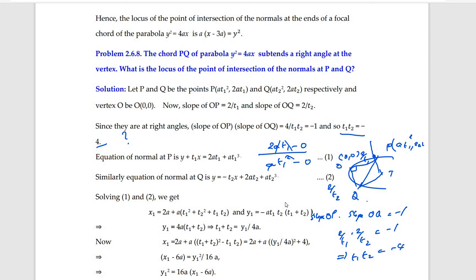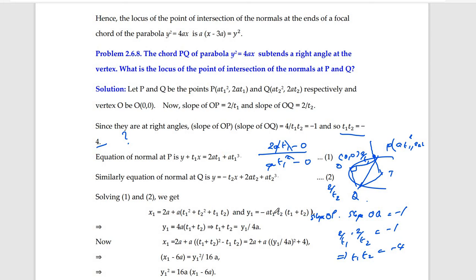In the previous two problems we had t1 t2 equal to minus 1, whereas here it is minus 4. The technique again is the same. We have t1 square plus t2 square, completing the square, that is the technique used here. You'll have to substitute t1 plus t2, and that comes from here.